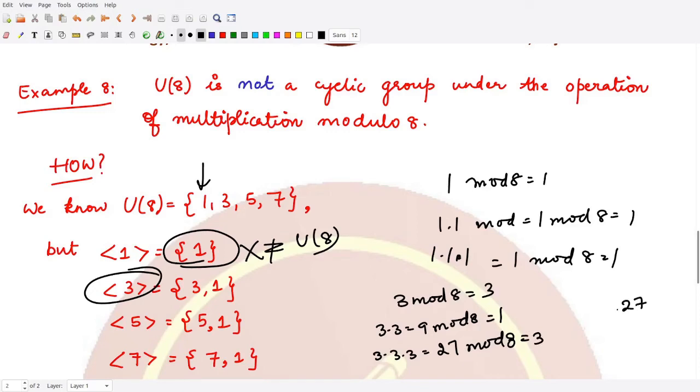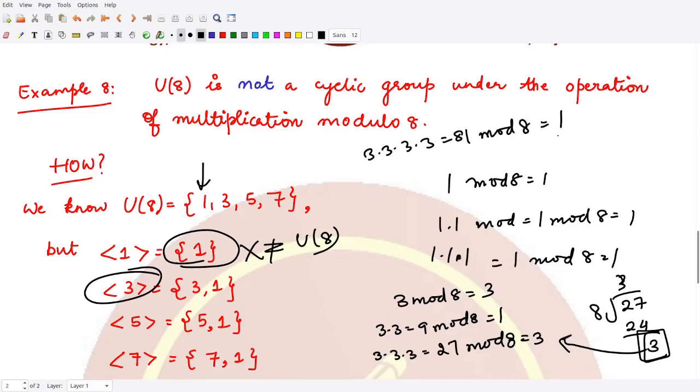When you divide 27 by 8, it goes 3 times, which is 24, and you have 3 as the remainder, which is the answer. Next, 3 into 3 into 3 into 3 is 81, and 81 mod 8 is equal to 1. So you see you have only the numbers 3 and 1 repeating. So the set which is generated by 3 would contain only 3 and 1. This is also not equal to U8.